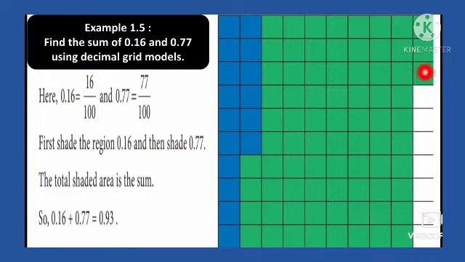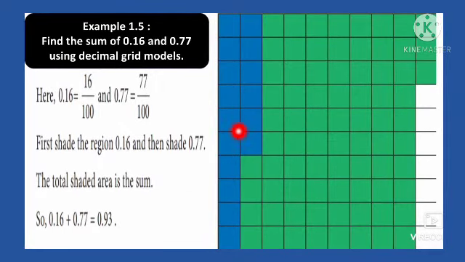And here 1, 2, 3. So 93 out of 100. So 93 out of 100 can also be written in the decimal form as 0.93. The sum of 0.16 and 0.77, by using grid models, we can easily say is 0.93.